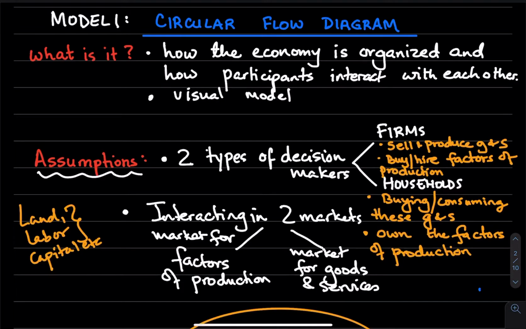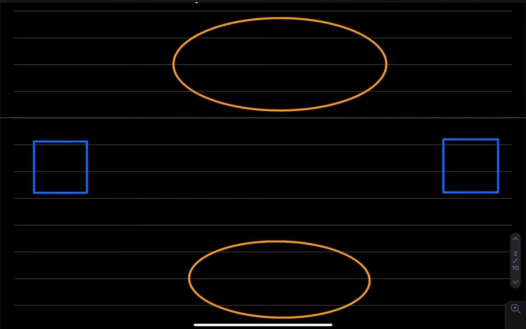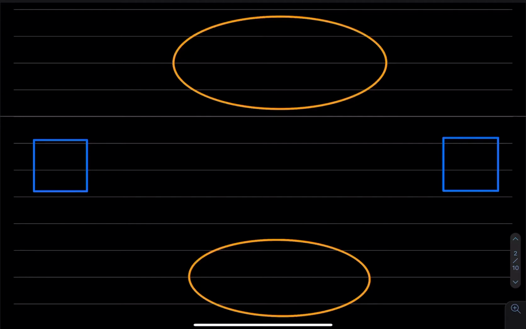Okay, so now once we know all of this, we can get to the visual representation of what the circular flow diagram looks like. What we're going to do is put the markets in these two orange ellipses.